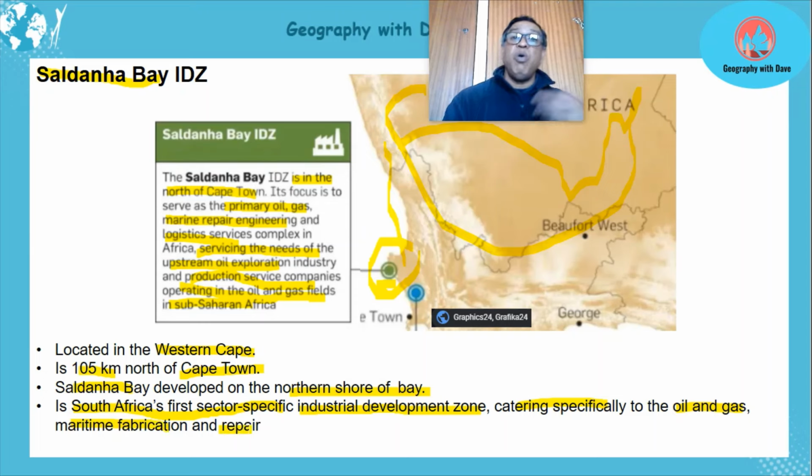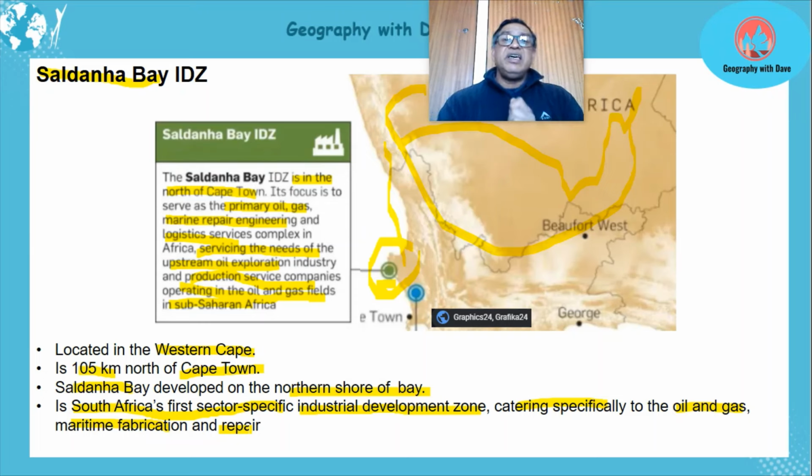Maritime referring to all the shipping and whatever. You understand? Those things that they may produce parts and they will repair it. So oil and gas, maritime fabrication and the repair of maritime products, etc. That's dealing with the shipping and things like that. So very, very important for that.